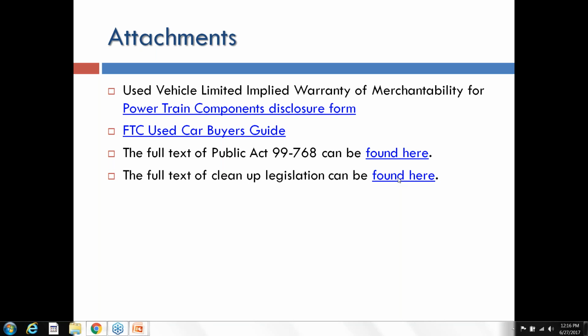The next question is, does this apply to all gaskets or just oil pan gaskets? The statute says oil pan and gasket. I'm going to follow up on that one, because I'm not a mechanic and I want to make sure I tell you the right thing.